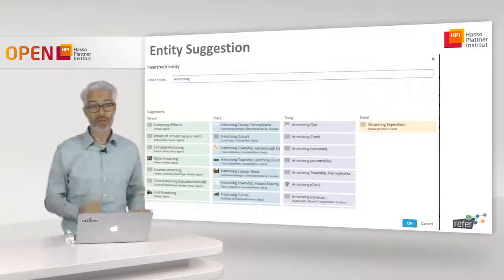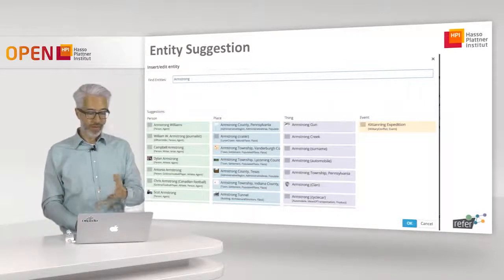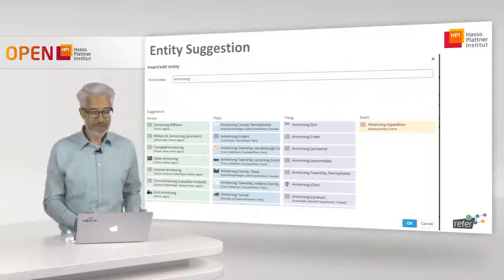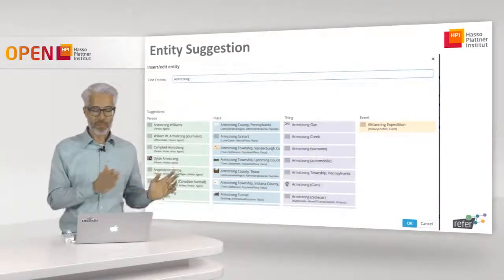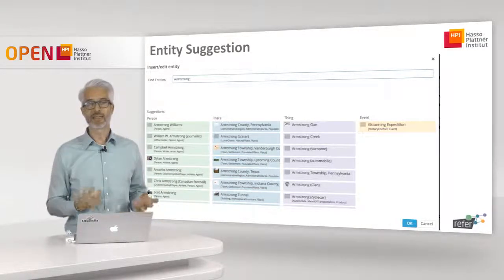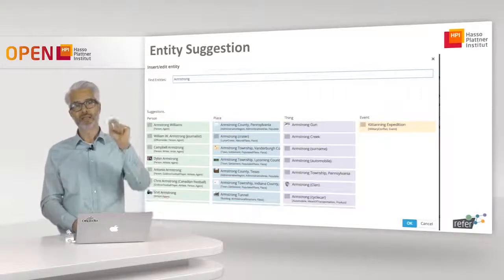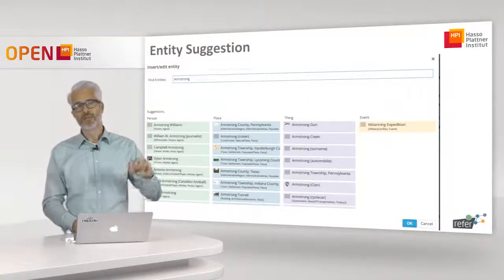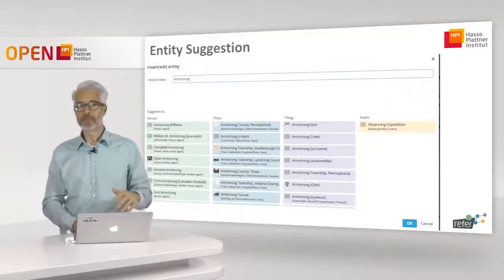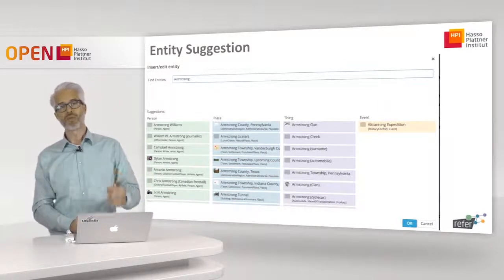Here is an example of a system where, when you type Armstrong, you can select among persons, places, things, or events that are labeled with Armstrong, and then you can directly click on the entity you have in mind, and a search is carried out exactly with that entity.